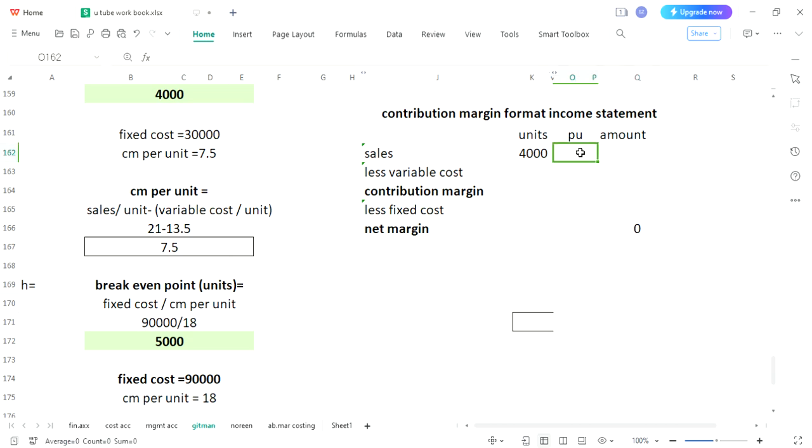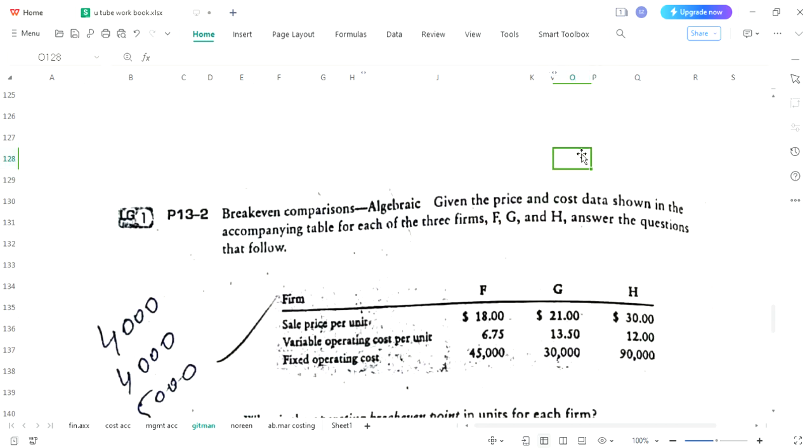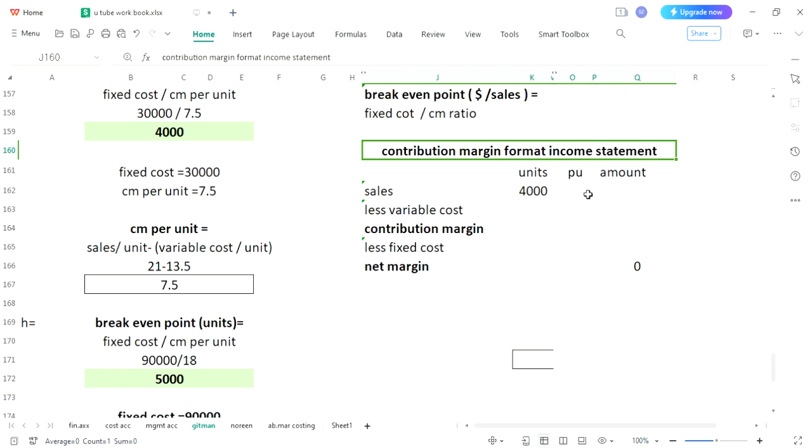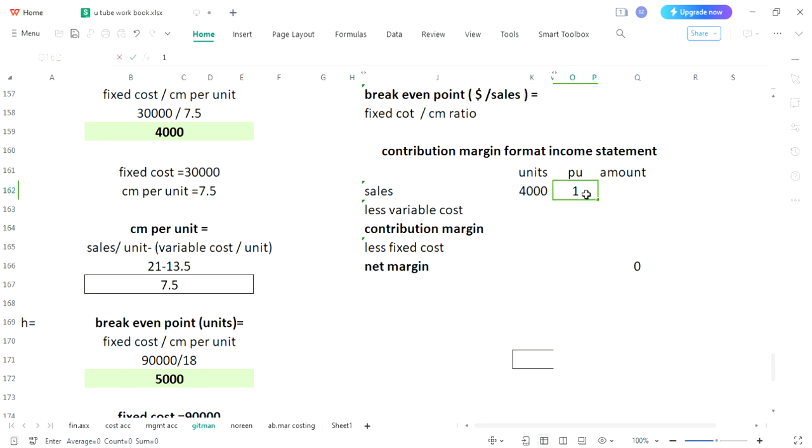Per unit sale price is mentioned in your question, 18. So you will be putting over here 18, and kindly keep it in mind, number of units for sale, variable cost and contribution margin would always be same. So you can put 4,000 over here, 4,000 over here.